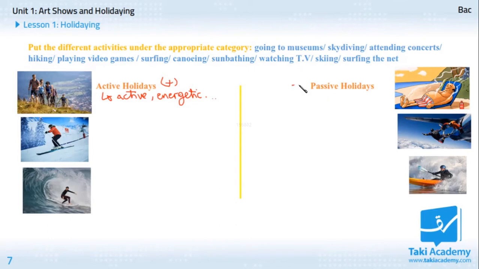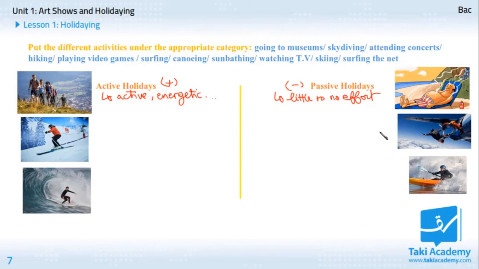But in a passive holiday, you're just passive, you're just sitting or chilling, you just make little to no effort, okay? All right. Now, we will put the different activities under the appropriate category, either active holidays or passive holidays.